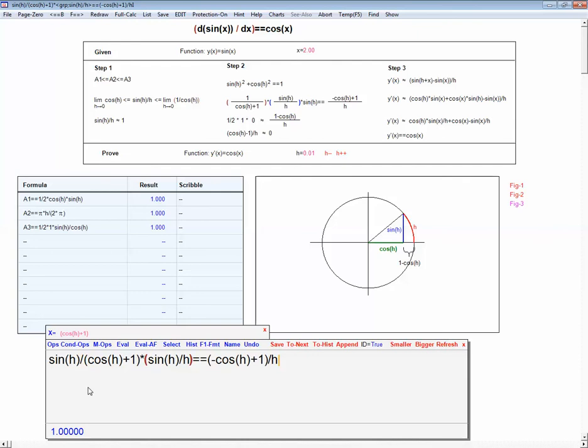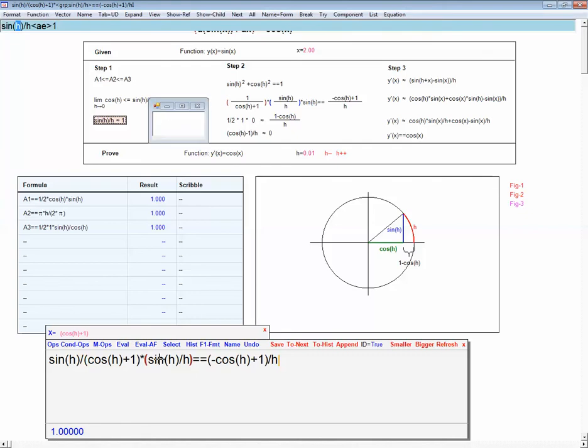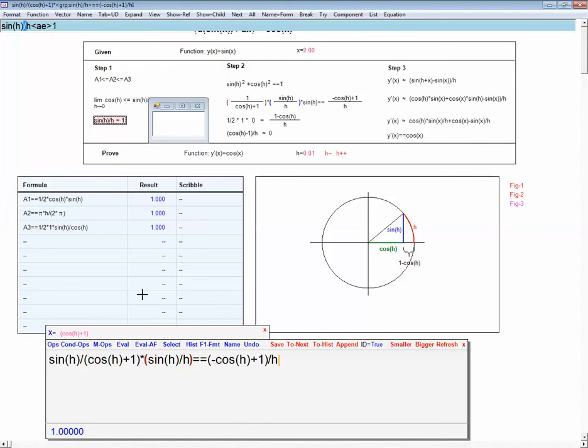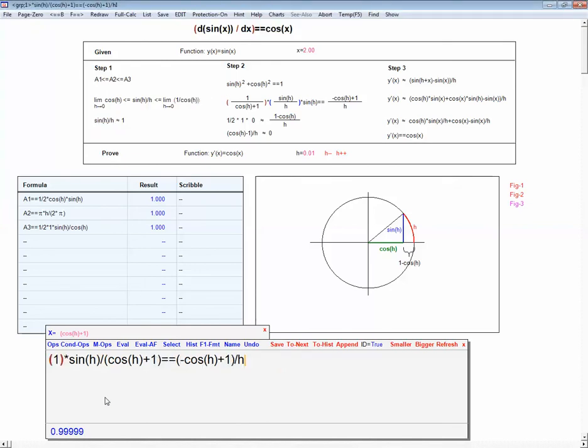All right, so we have this equality, and what is happening to this piece in here as h goes to 0? Well, remember that we proved back here that that's going to 1. So in the limit we can substitute that 1 there. This thing here is just going to become 1 in the limit.